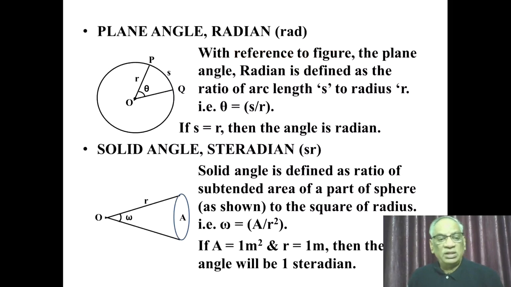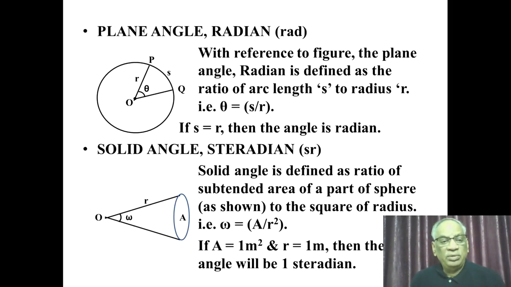In the plane angle, when the body is moving in a circle of radius r with origin at O, at a time when the object is at P and when it is at Q, it subtends an angle theta by the arc PQ. If the arc length is S, S by R gives the angular displacement theta.